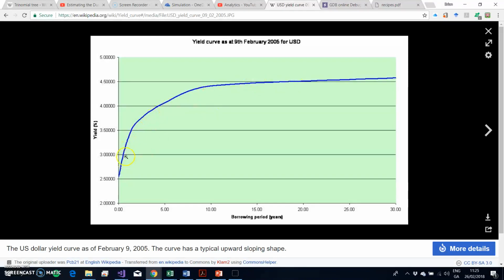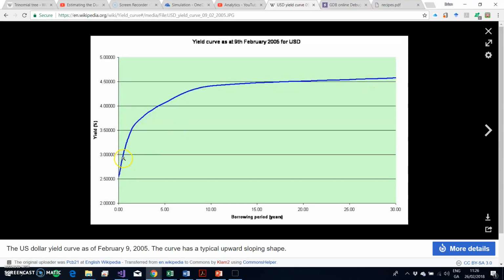Also with term structure, because of investor preference, because of the unwillingness of investors to be locked into bonds for longer periods of time, we very often find that for shorter dated instruments, the yield on the instrument is frequently less than the longer term instruments.